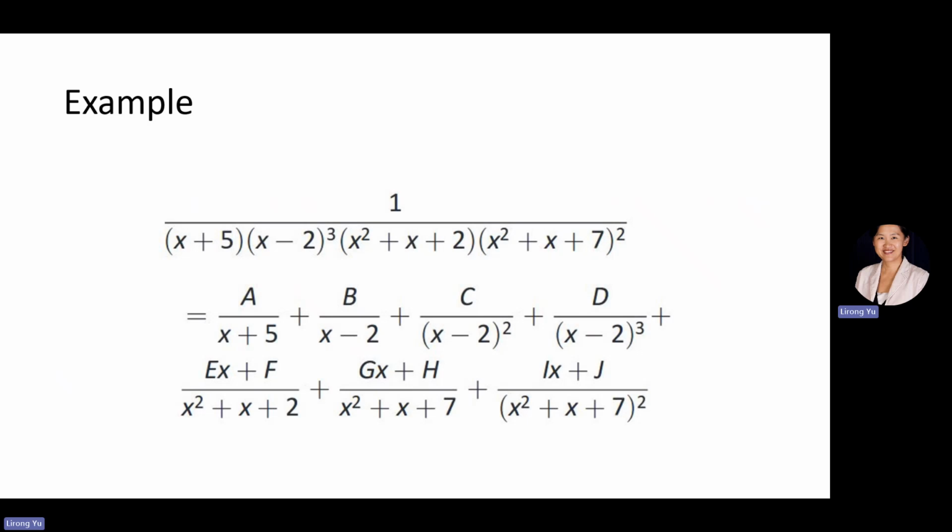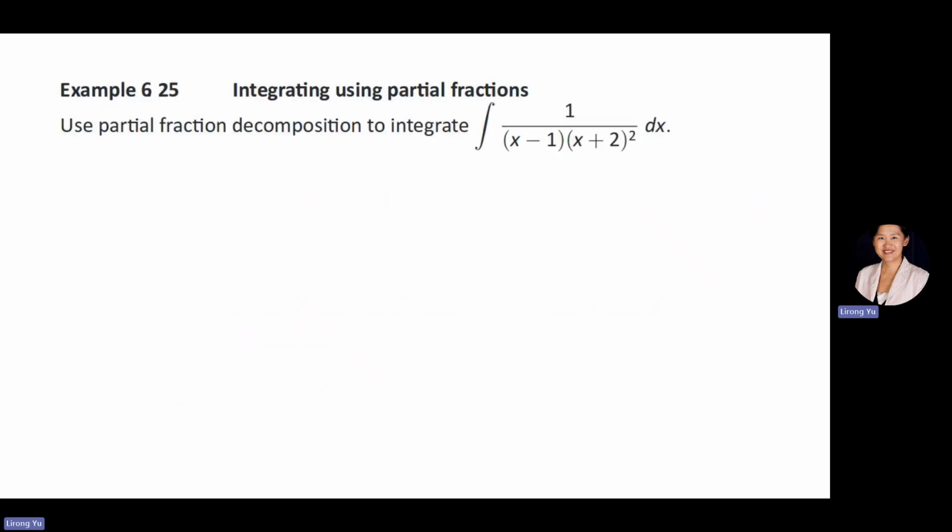How many numbers do we have to solve? A, B, C, D, E, F, G, H, I, J. There are 10, so we have 10 unknown numbers to solve if we're decomposing it. That was just illustrating the process of determining the format before we actually solve for these numbers.